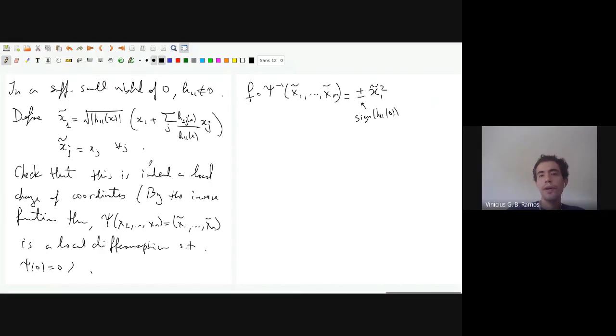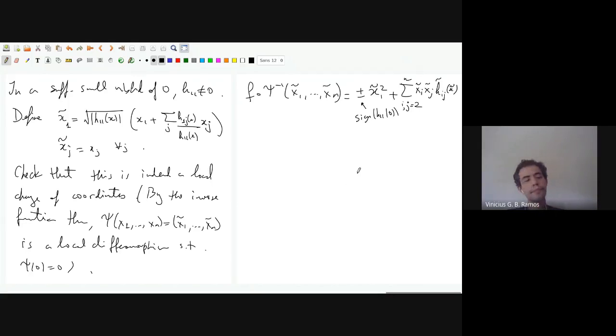You end up with plus or minus x1 tilde squared plus the sum of xi tilde xj tilde times some other function hij tilde of x tilde, with i and j going from 2 to n. That's the way to get rid of all the terms with indices bigger than 1.